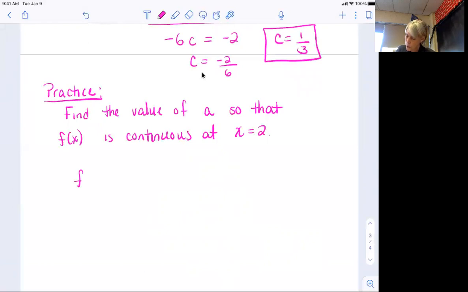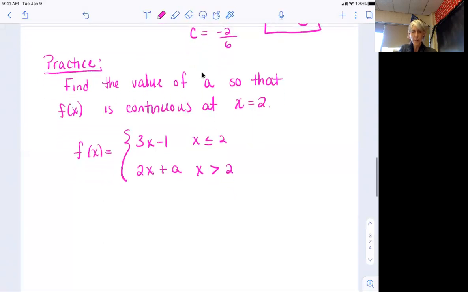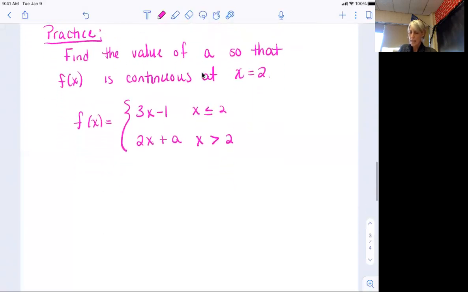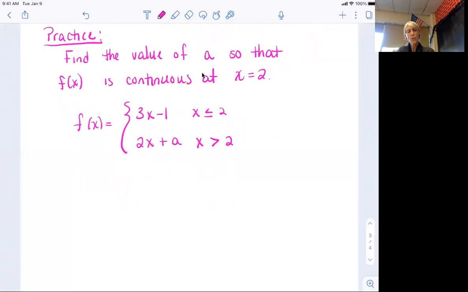And here's your function. Okay. So you can pause your video, whatever you want to do. Just take a moment and see if you can solve that. Okay. And I'm going to do the work right now, and you can check your answer when you're done.